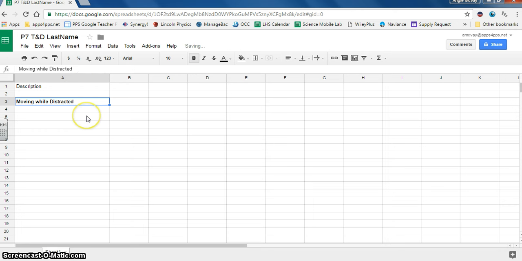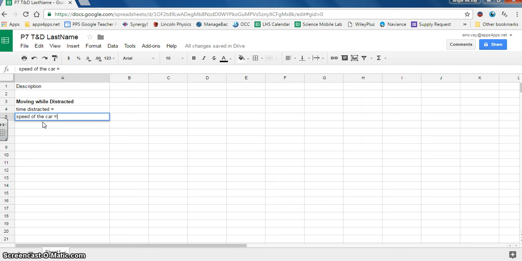And then the information that we have regarding moving while distracted, we've got information about the time while distracted, and I'll put equals because we'll put a value next to that. Okay, and then we also know the speed of the car, and we'll put an equals there.